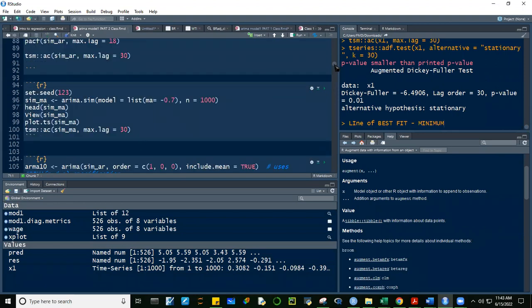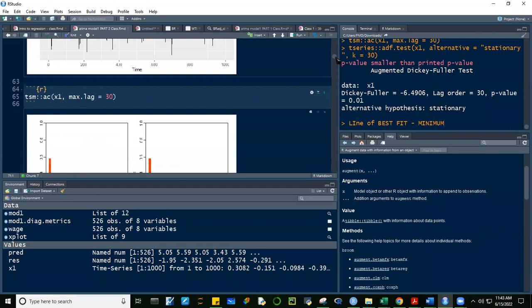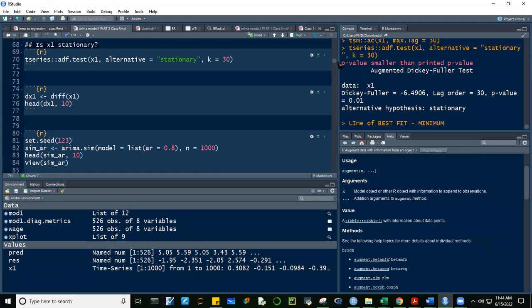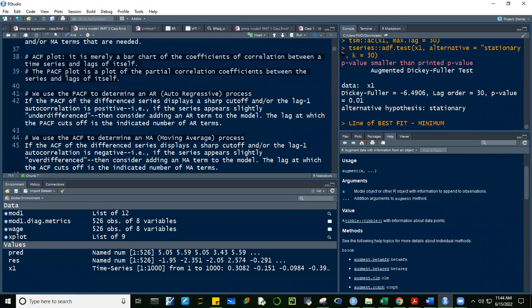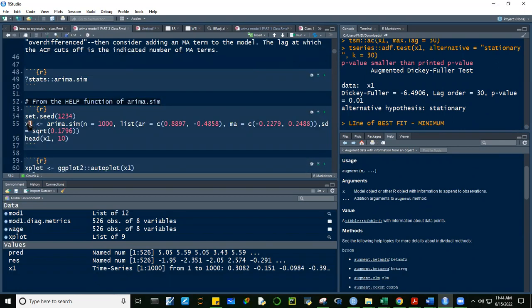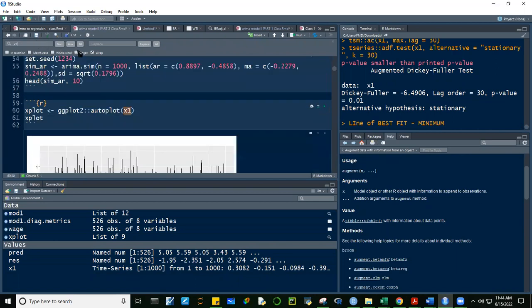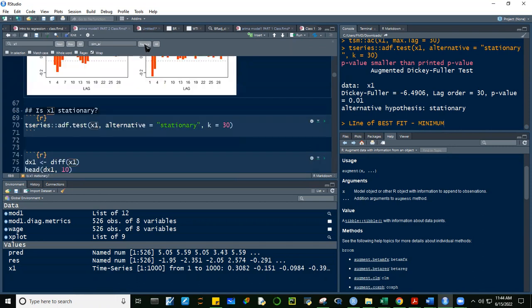Wait. Where is my sign.r? Wait, we changed the name, right? Okay, this won't run because where is our sign.r? Sorry guys, I'm changing the name.